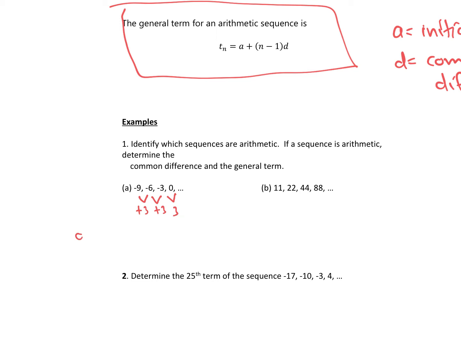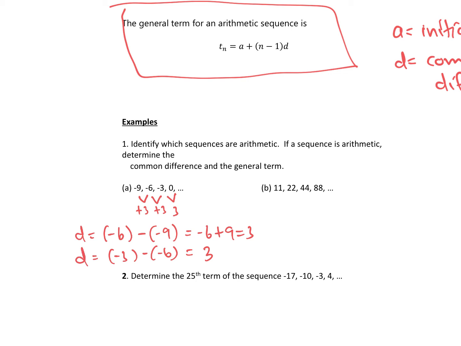The other way to do it, if you're not sure, is to take the second term and subtract the term before it. So -6 plus 9 is 3. And then we can take the third term and subtract the term preceding it, so we're finding that difference. -3 plus 6 is also 3. So the common difference is 3.